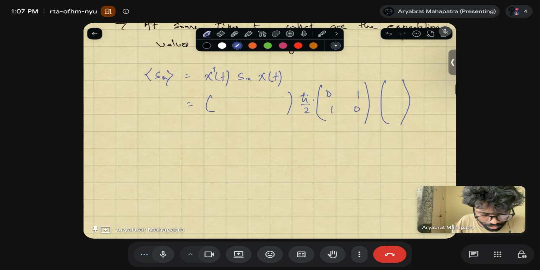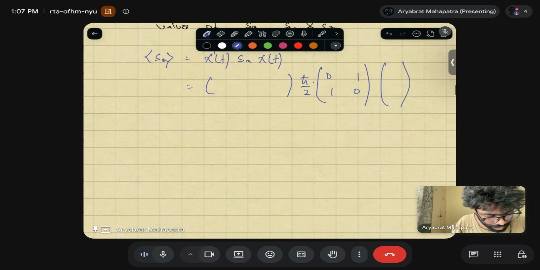If you do this matrix multiplication, you will get expectation of Sx equals h bar by 2 sine alpha cos gamma B naught t.